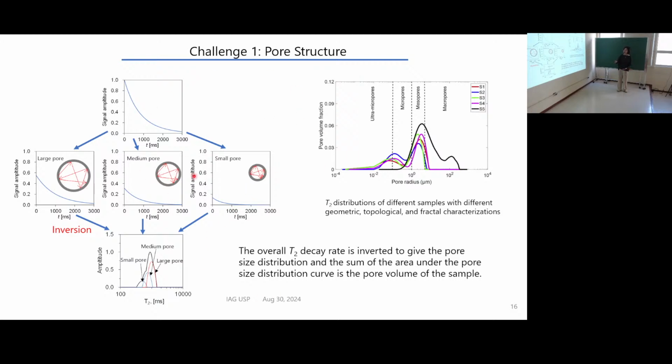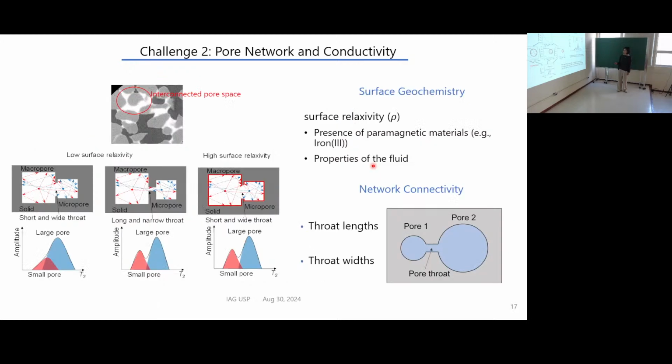In this work, we're trying to understand better, for either the small or large pores, how we can interpret such pore size distribution in the unsaturated condition. So we have done some modeling work, trying to simulate different scenarios. For example, we considered lithology: if it's a sand or a clay, and how much of the surface is reacting with the proton. We also consider the pore network connectivity, for example if we have a large pore and a small pore connected by some pore throat.